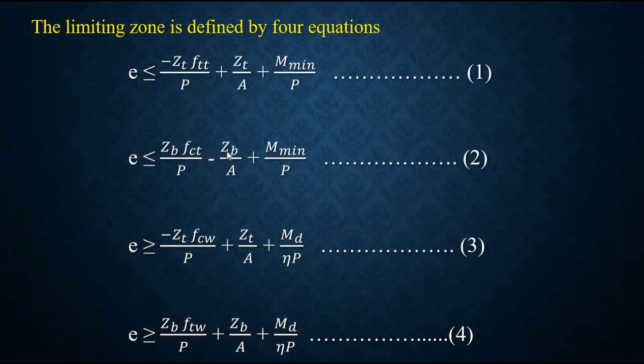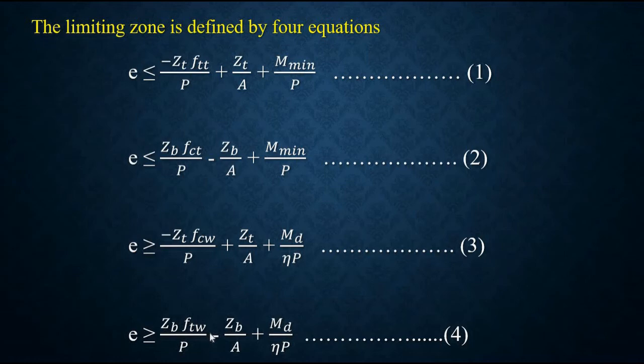Here also we will use ZB. Like that, for the fourth one, just now I have corrected it, it should be positive, so change it. See here, it is the section modulus for the bottom section.